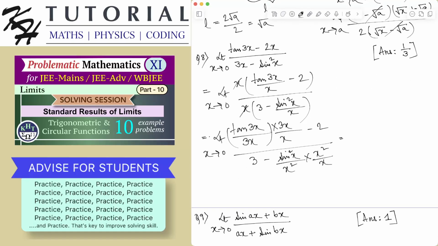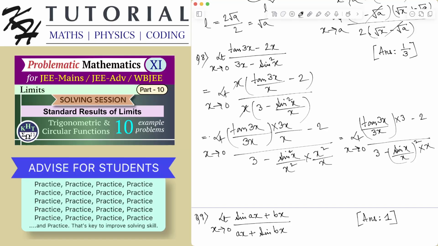So this now becomes limit x tending to 0 of tan 3x by 3x multiplied by 3 minus 2 divided by 3 minus sin x by x whole square multiplied by x. Now the limiting value of tan 3x by 3x when x tending to 0 will be equal to 1.